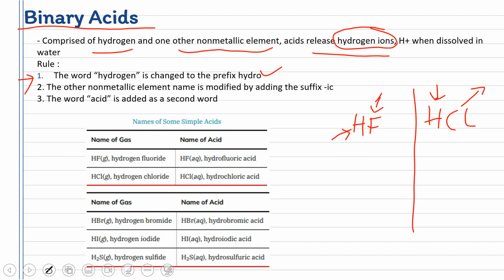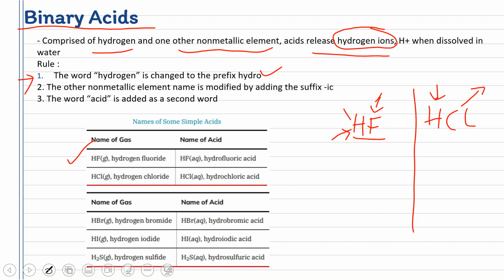Let's try this compound first. I see hydrogen and I see fluorine, right? If I want to name it as a gas, the name is hydrogen fluoride. That's its name as a gas. But I want to name it as a binary acid. If I want to name it as an acid, what I mean is that it has been dissolved in water.